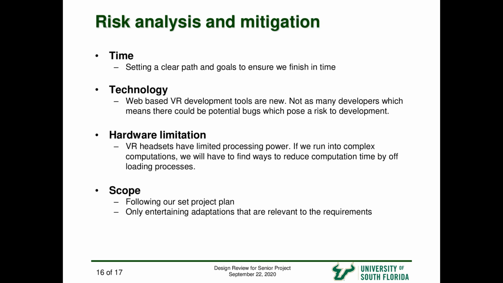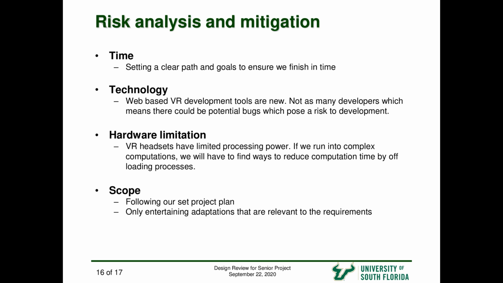So for our risks regarding the project, we have four risks mainly, which are time, the technology we're using, the hardware, and the scope of the project. Time is due to us receiving the headsets later than we would have liked, which means now we are beginning to actually use the headset and test our project.